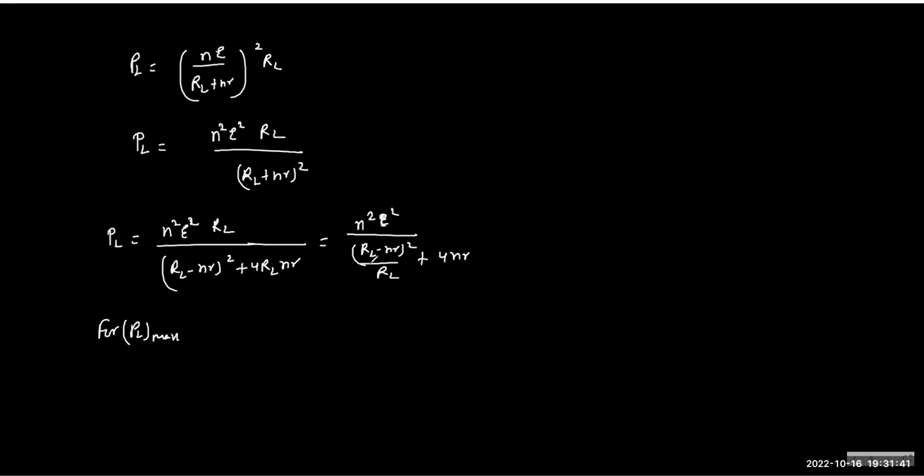Because the square of any number is positive, the lowest value is possible when this term is 0, isn't it? So for PL max, that term will be 0, and that is only possible when RL equals NR. Understood? Yes or no? Yes, sir. This is the way of getting an answer.